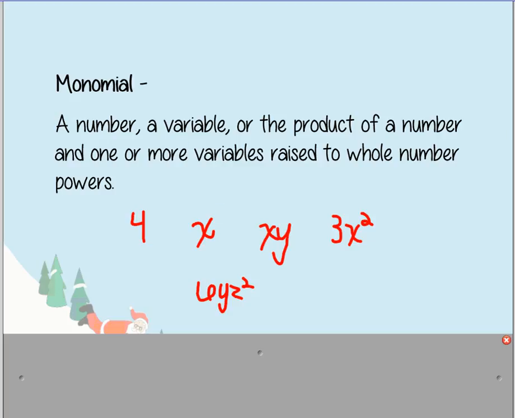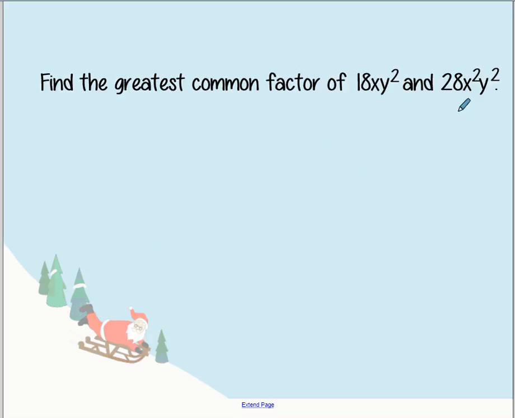If we want to find the greatest common factor of monomials, there are two parts to this: the numbers, the coefficients, and the variables. I find it easier to look at the coefficients first. So I'm going to list out my factors of 18, which would be 1 and 18, 3 and 6, and 2 and 9.